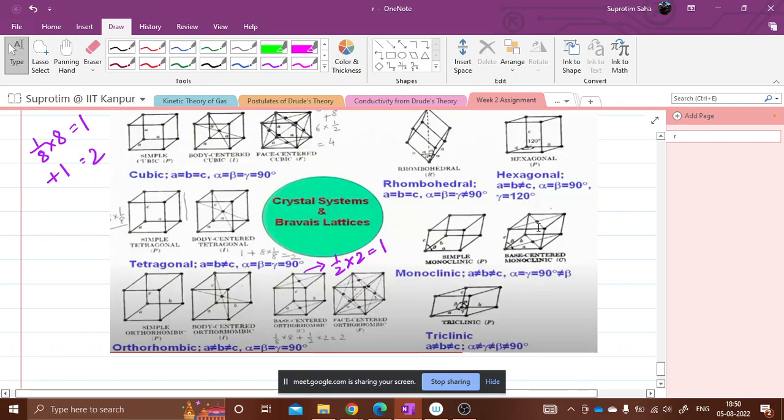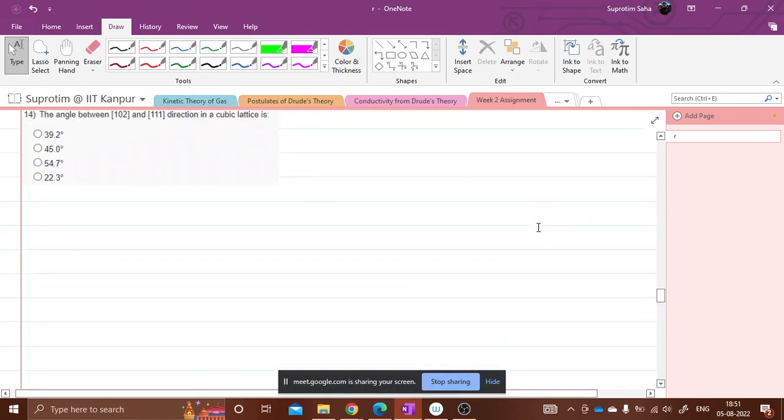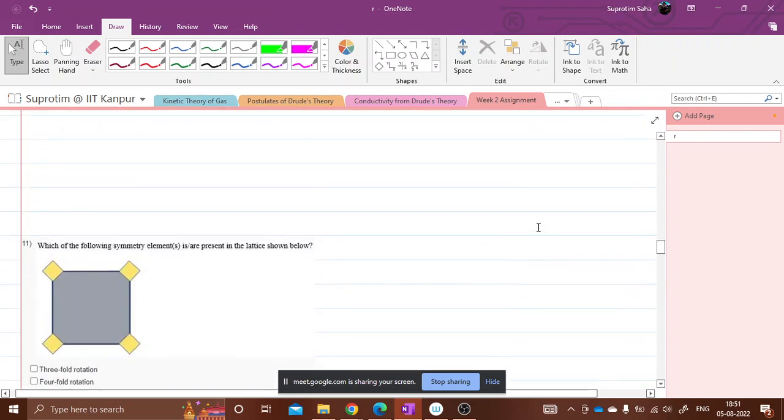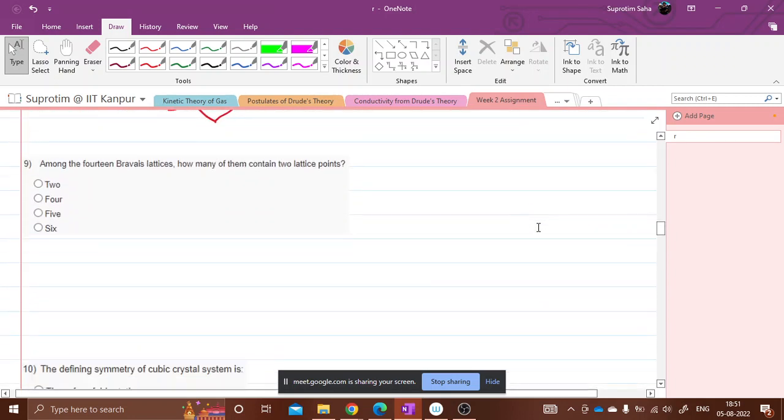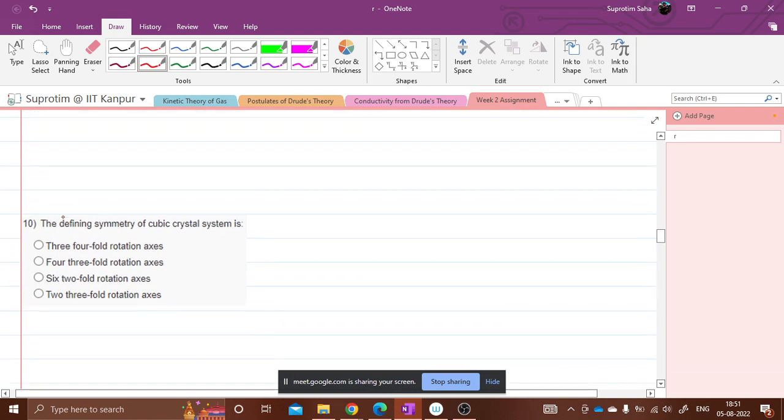In total you'll have 5 such Bravais lattices where there are 2 atoms. So the answer is that there are 5 such Bravais lattices which contain 2 lattice points or atoms or motifs.